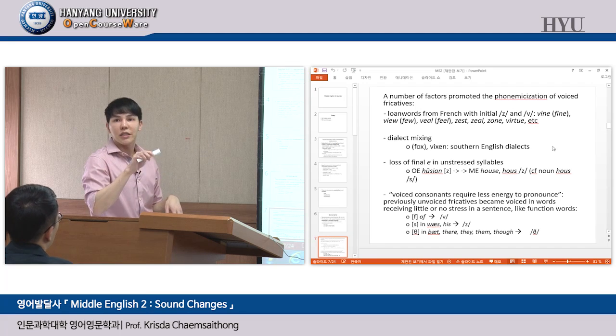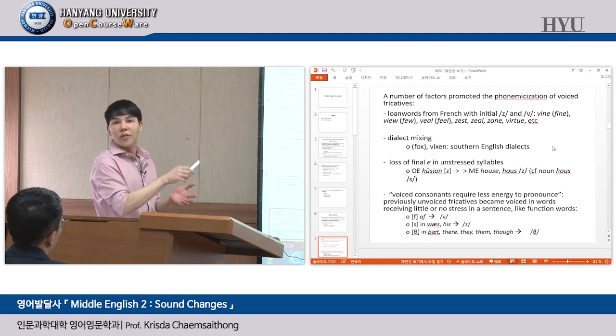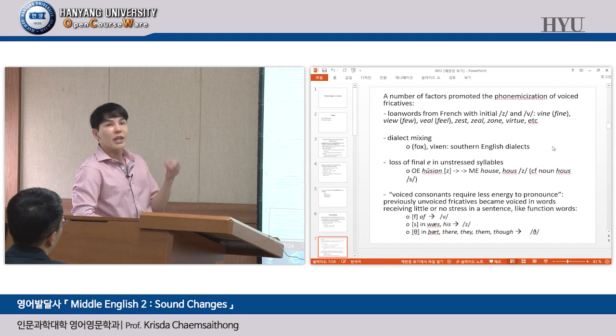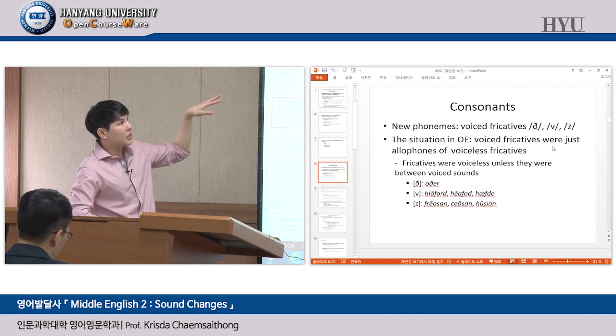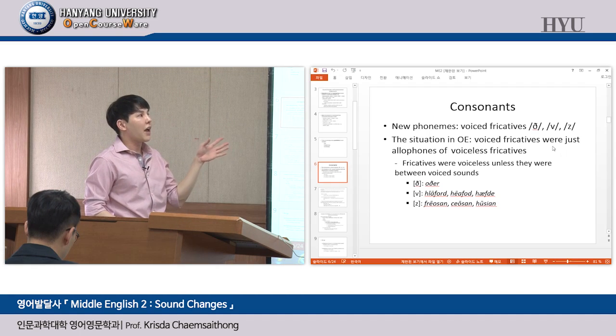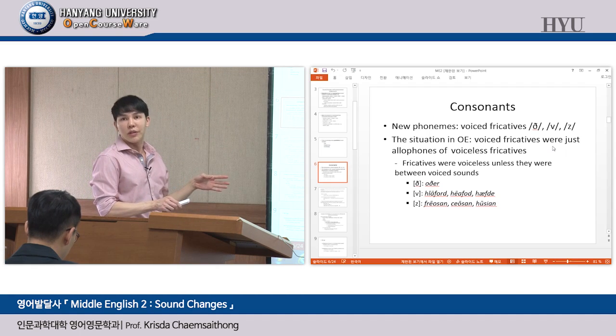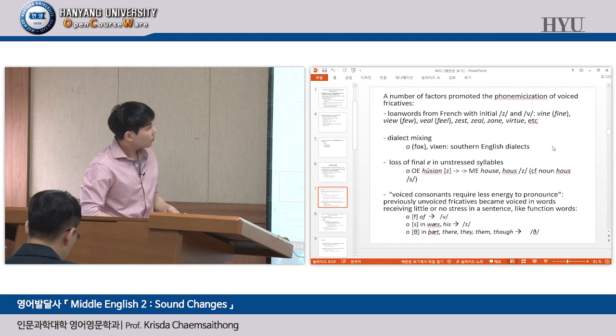So these are just the factors that led to the phonemization, right, of voiced fricatives. Okay? So this affects the whole consonantal chart, right? In Old English, you didn't have these as phonemes, but in Middle English, these became phonemes.